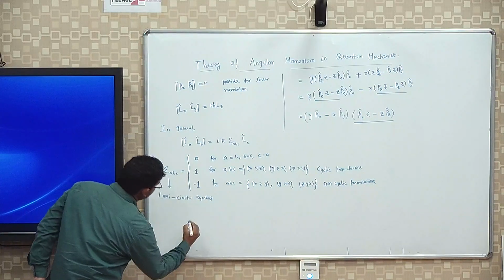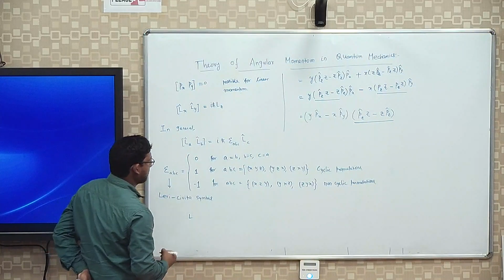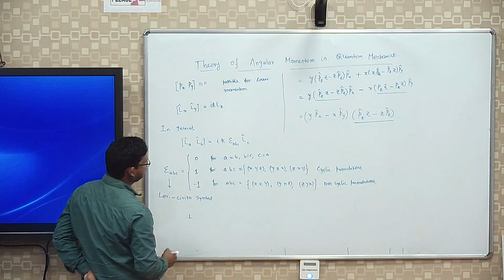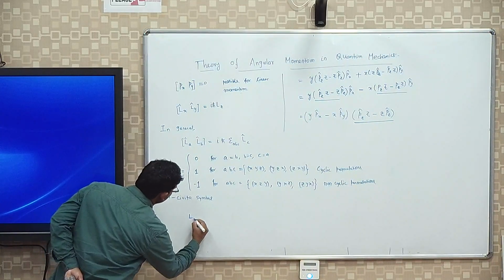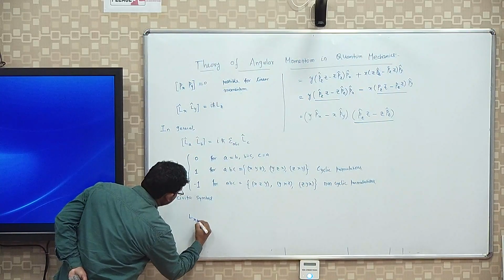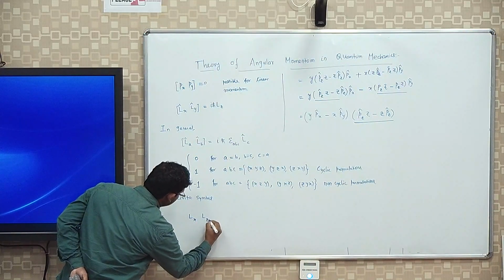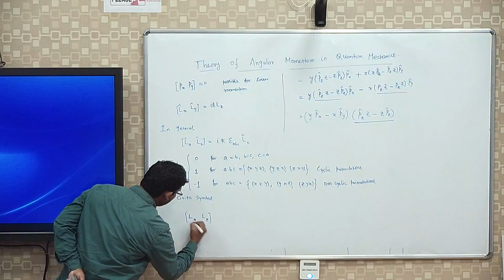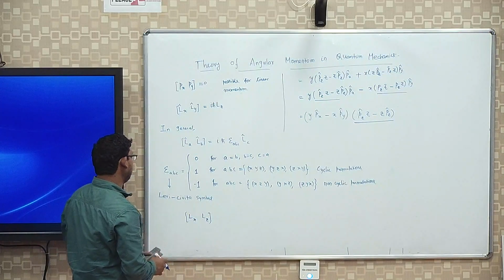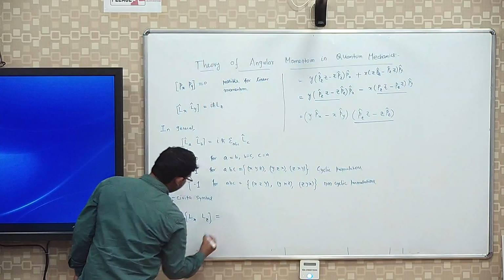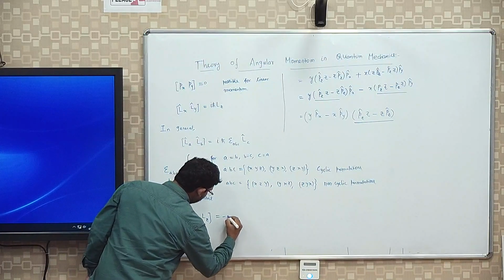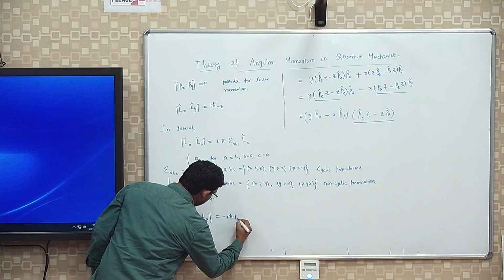That means if the commutation of Lx with Lz, this will give you minus i h cross Ly.